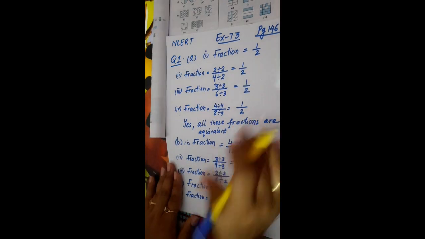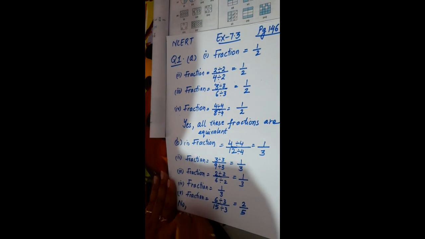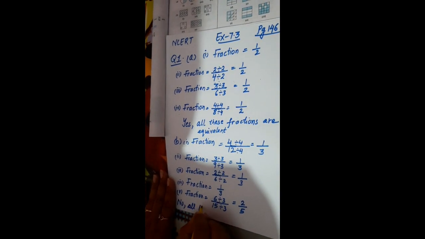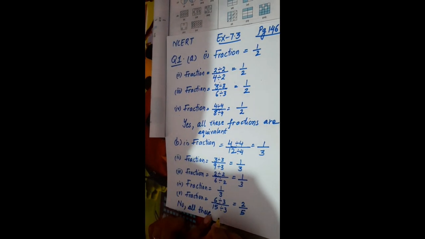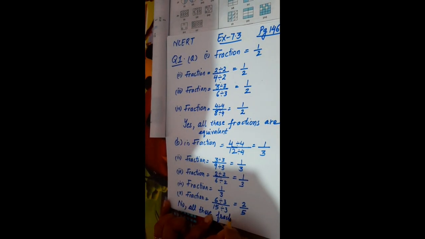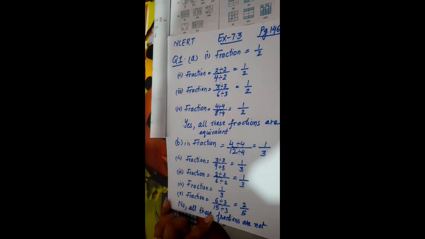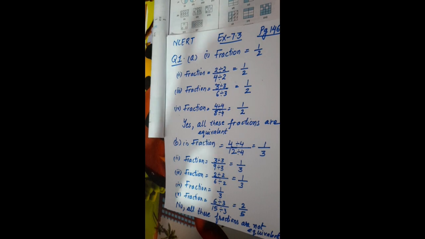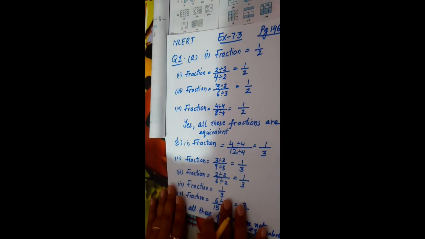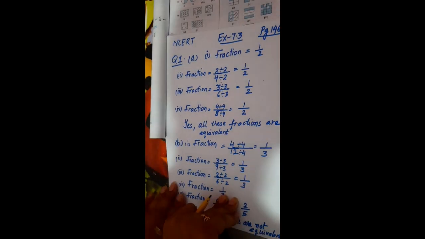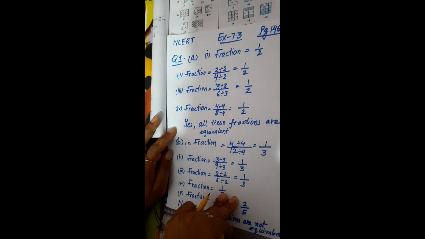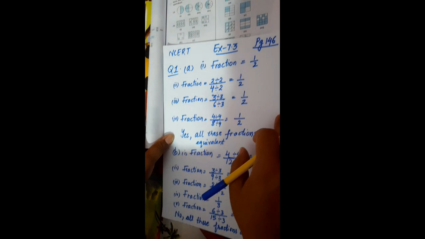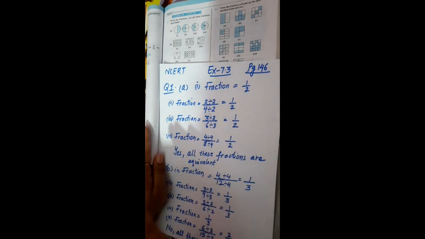So we can say that no, all these fractions are not equivalent. So in this way, firstly you have to find the fraction. After finding the fraction, you have to find, are all these fractions equivalent or not. So this is your question number 1.